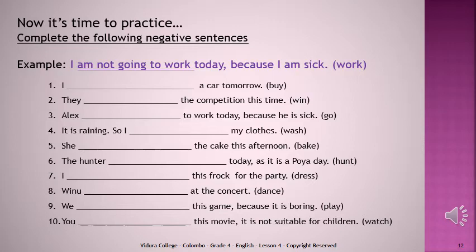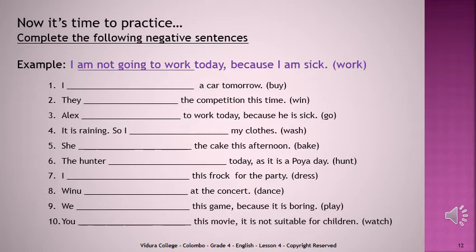Sixth one, the hunter blank today as it is a poor day. Seventh one, I blank this frock for the party. Eighth one, Vinu blank at the concert.